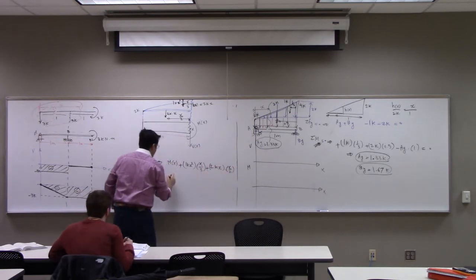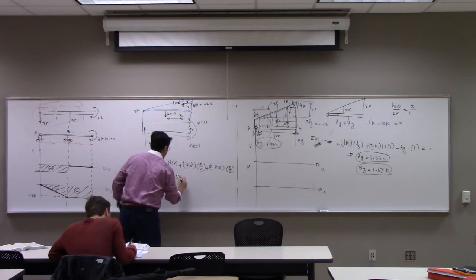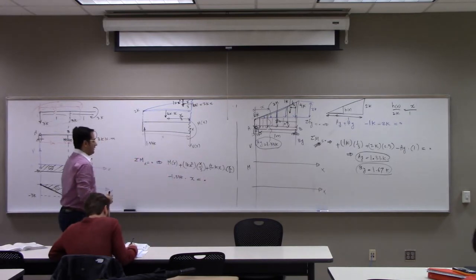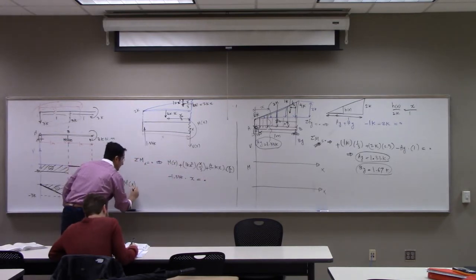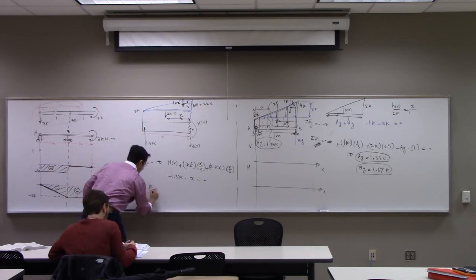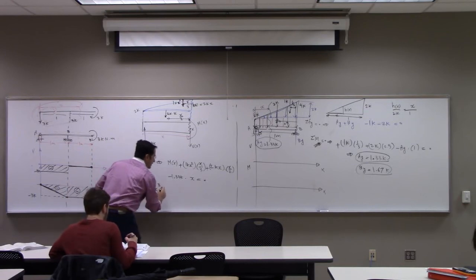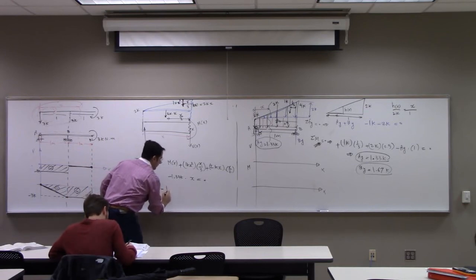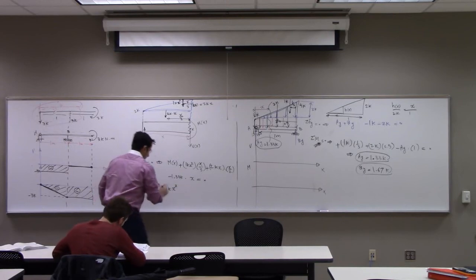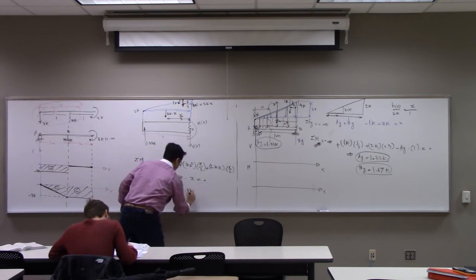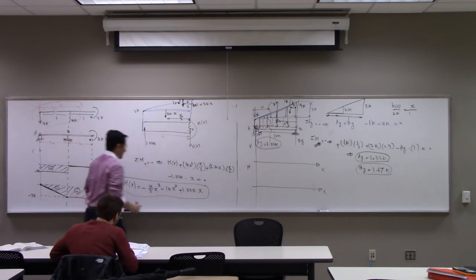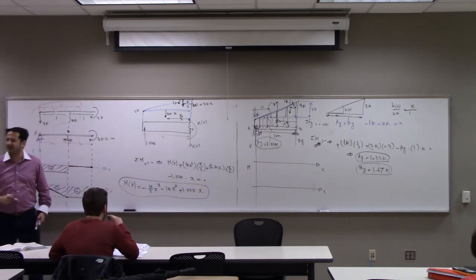And then finally you come to this, negative 1.33k times x is equal to 0. So that's the moment relation. Mx is equal to negative 1k over 3 x cubed, negative 1k x squared, plus 1.33k x. That's my moment relation.